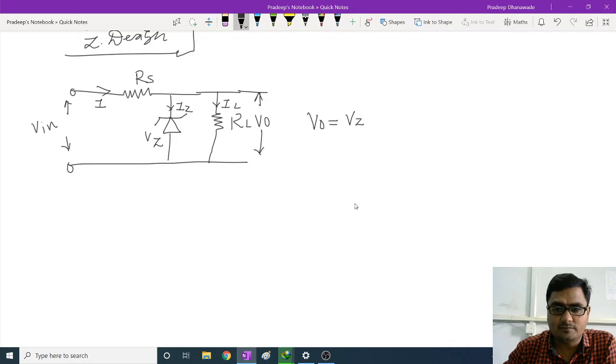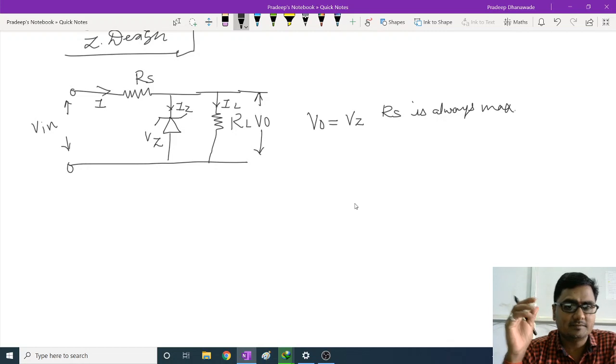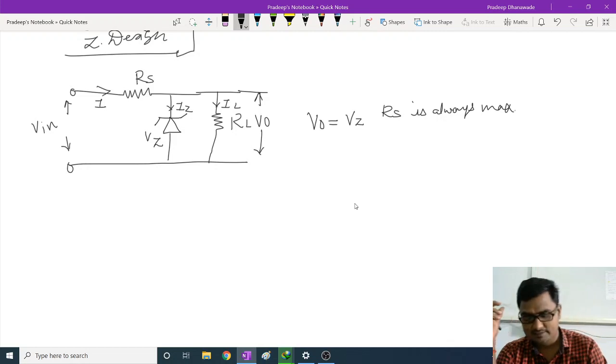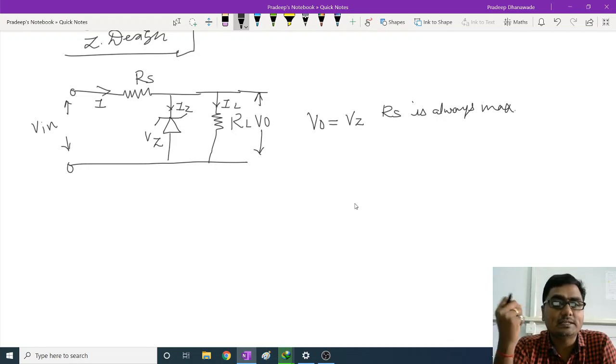The value of RS is always maximum. We have explained the reason why: when the value of RS is maximum, we get the voltage stability factor minimum.